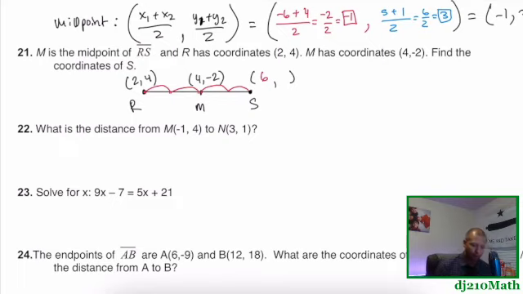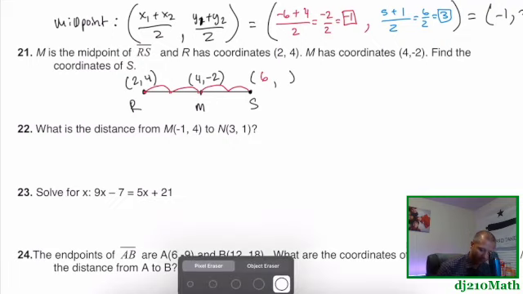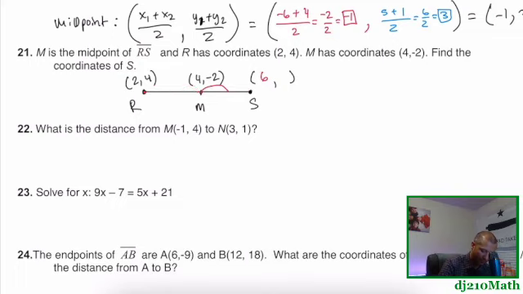We're going to do the exact same thing for the Y's. All right, we're starting at R, so we're at 4. We're going towards M. M is -2, so that means we have to count down. How much are we counting down? That's the question. It's going to be 6, right? Because if you have a number line and here's 4 and here's -2, well, 0 is somewhere in the middle.